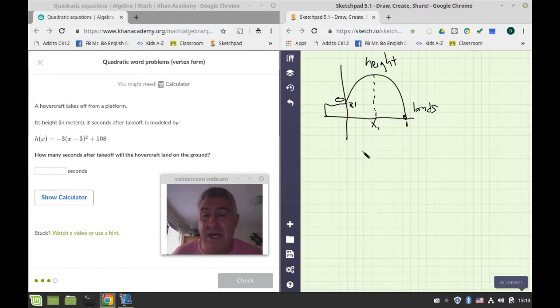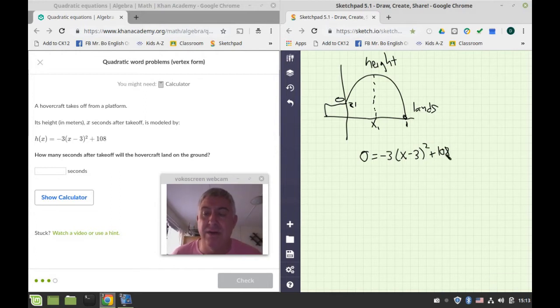We find that by making h 0. So our formula is 0. Our height is 0. Negative 3 times x minus 3 squared. We don't know x, and we want to find x. We'll want to solve for x. Plus 108.